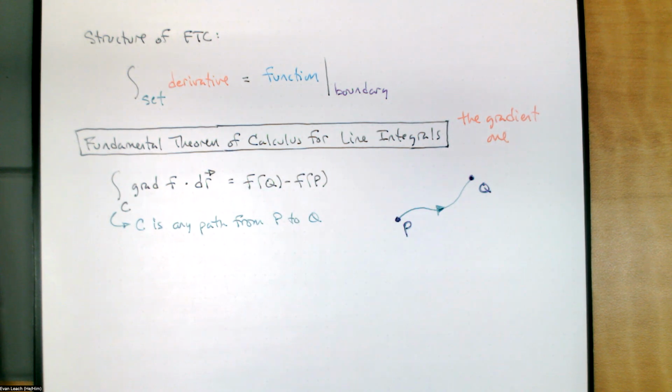The gradient of f is standing in as the derivative of the function, so the function itself is the function f. P and Q, the endpoints of the path, serve as the boundary of our set.